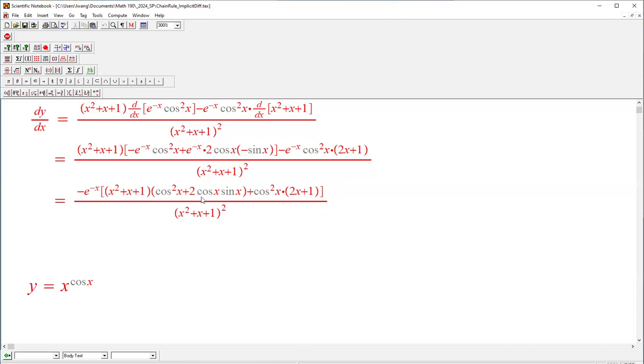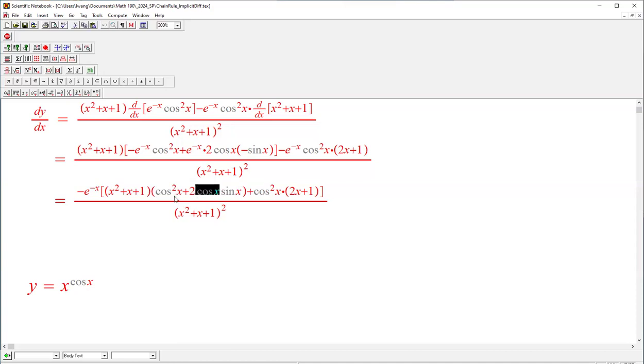The inside, what you can see is that there's a cosine x squared, right? There's a cosine square x here. And inside this parentheses, we can bring out the cosine x.